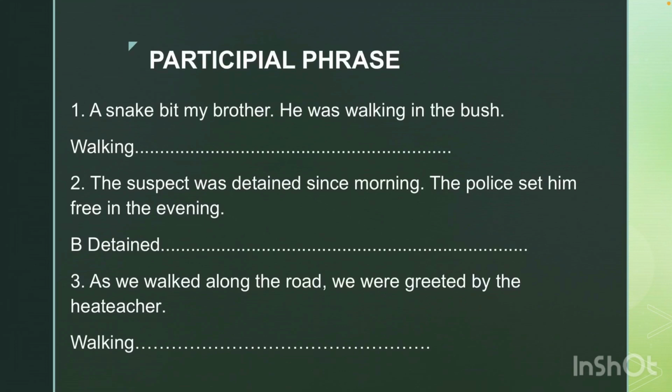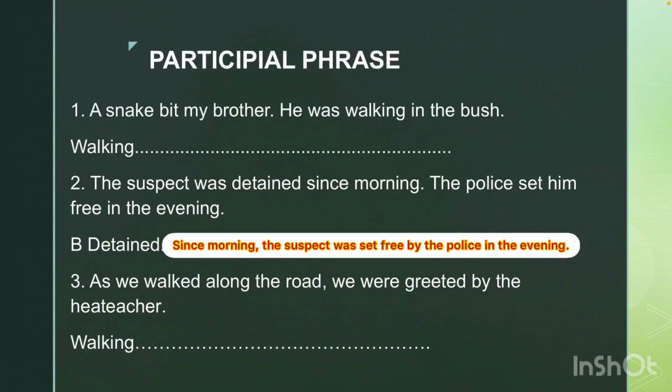So detained since morning, comma, the suspect was set free by the police in the evening. Because the police set the suspect free in the evening, meaning the suspect was set free by the police. So mostly we introduce the words was and by, because we start with the object.